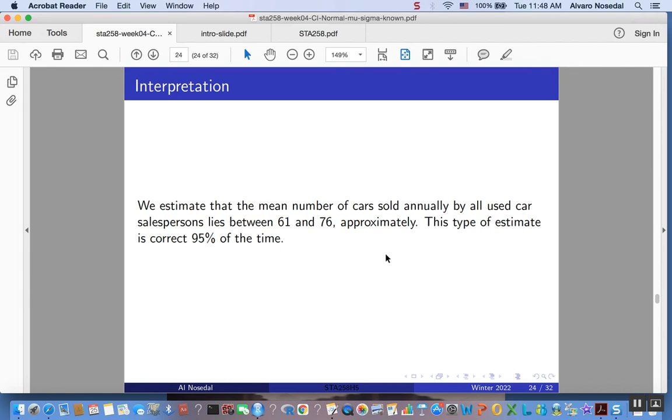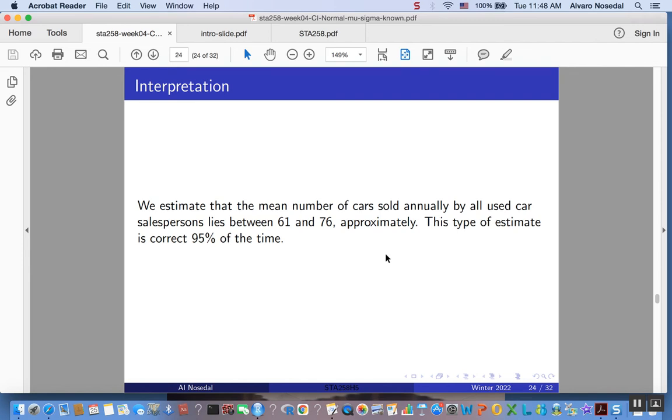And that 95% is telling us that if we were to do this 100 times, 95% of the time, we would be able to capture the true average, the true mean. Right? Make sense? Okay.